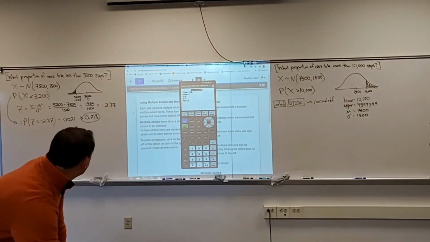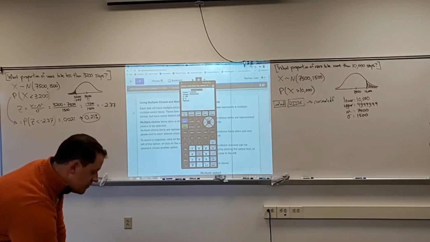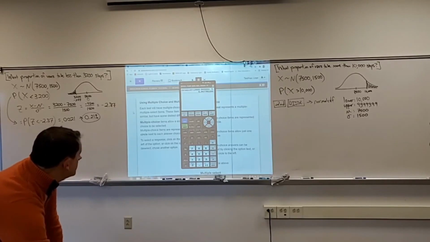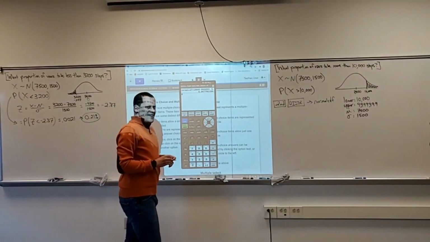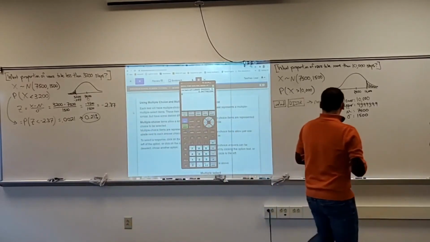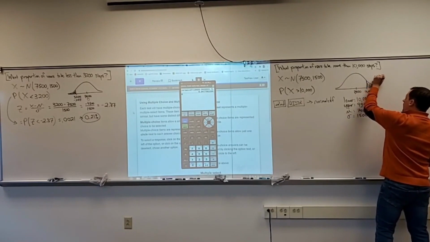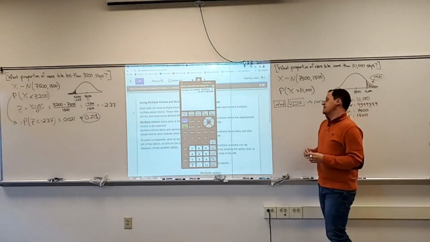So this is 10,000, 9999999, 7,500, 1,500. Paste, enter. And I get 0.0478 if we round to 4 decimal places.